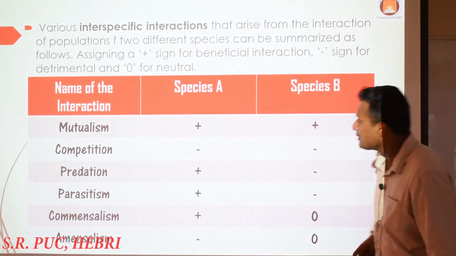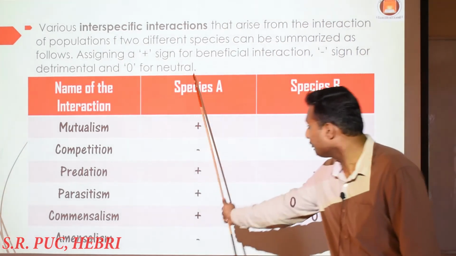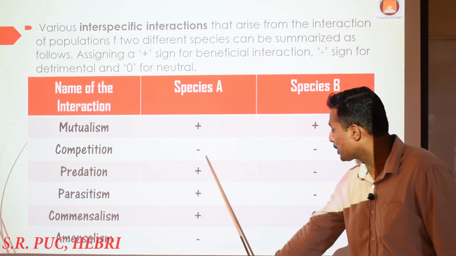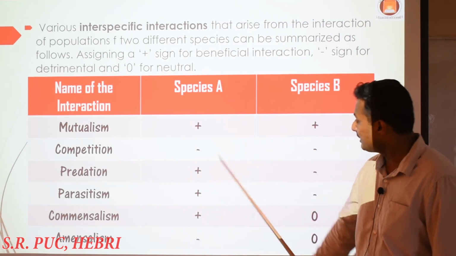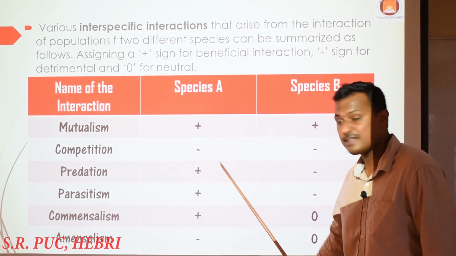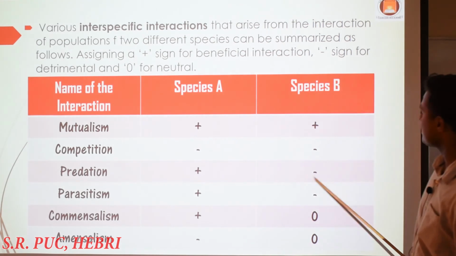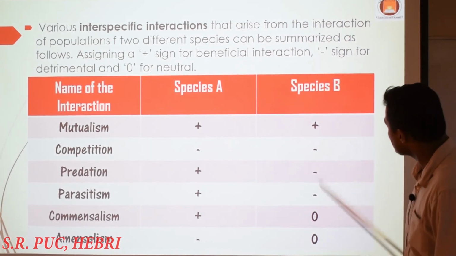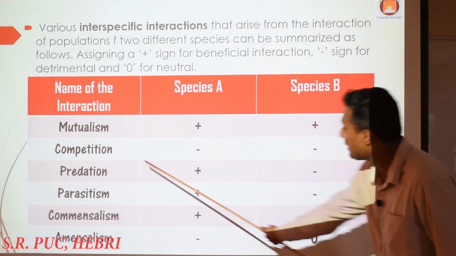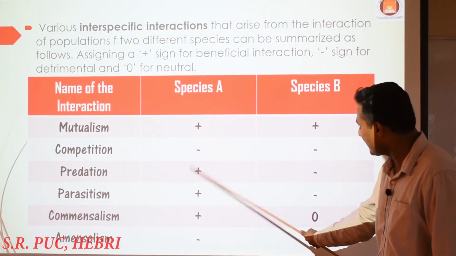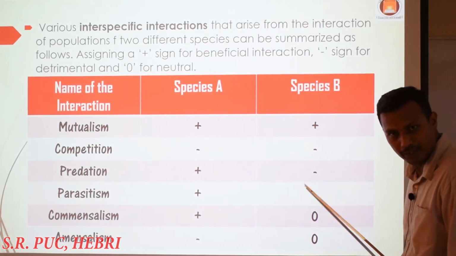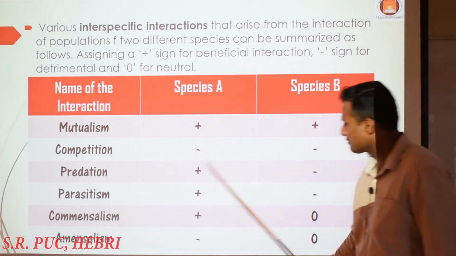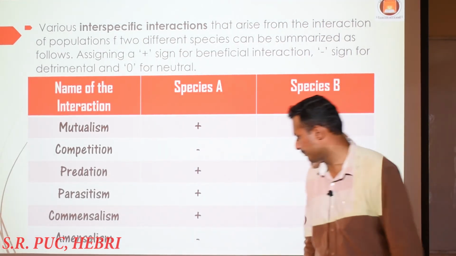So with species A and species B, in predation species A is getting benefited because the plus mark is there, so species A will be the predator, whereas the minus sign is the prey. That means species B gets killed by this predator, which feeds on it. That is why it is obviously a harmful situation for species B, whereas for species A it is a beneficial situation.